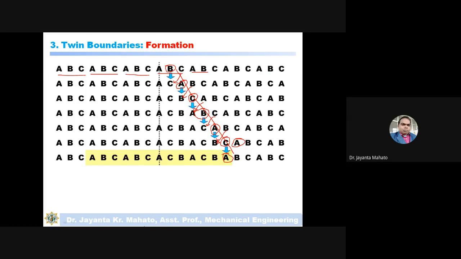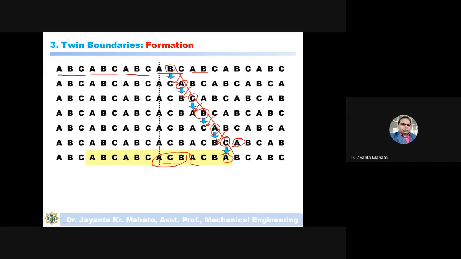But after removing this set of planes, the regular arrangement has broken. Here the arrangement is like after A the C plane, after C the B plane, after B the A plane again, and again after A plane there is a C, then B, then A.